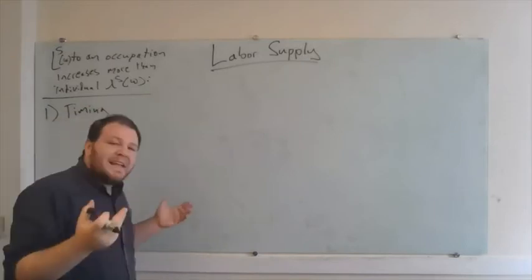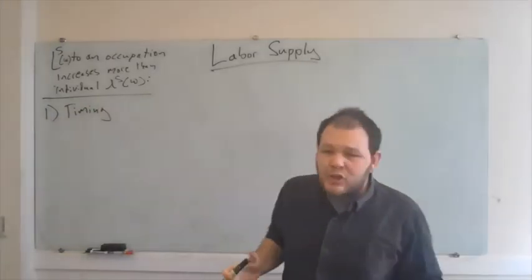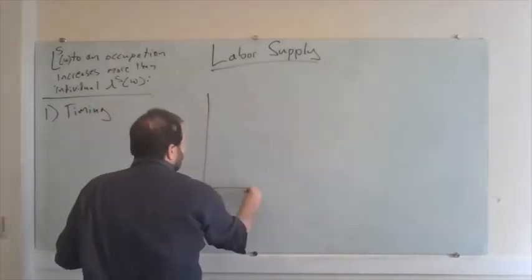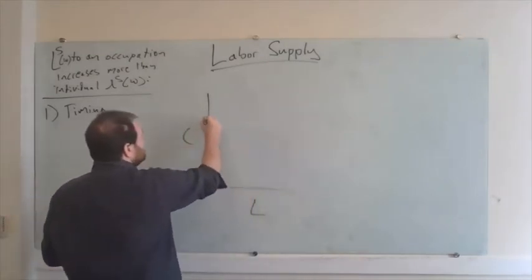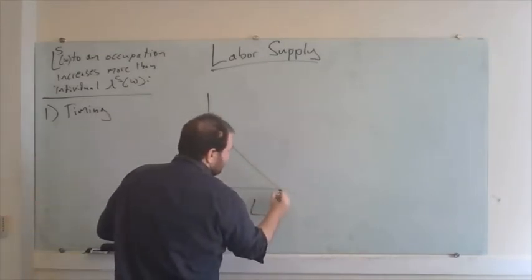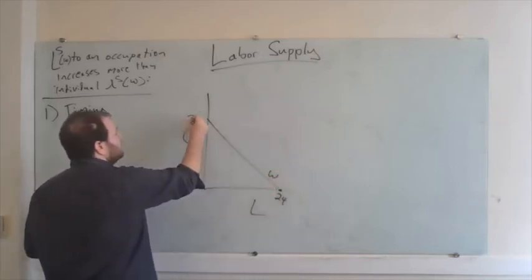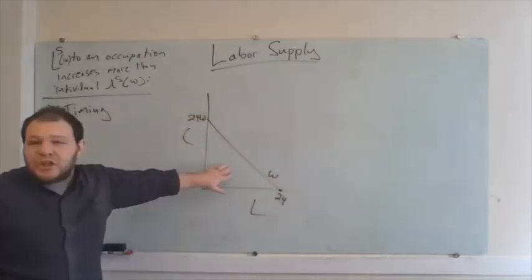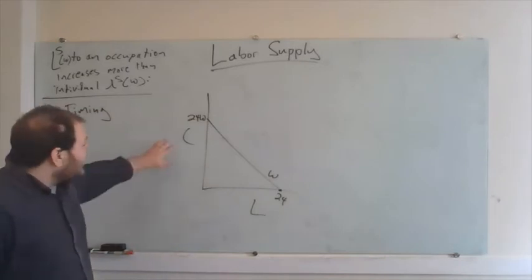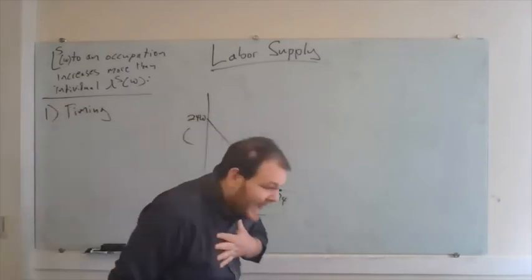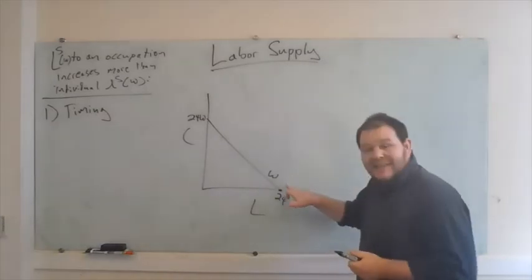Essentially the idea here is, with the graph I just drew, where I've got leisure and consumption, I've got some budget constraint like this with a slope of W. This budget constraint is assuming that my consumption today comes entirely from the amount of money that I make today.